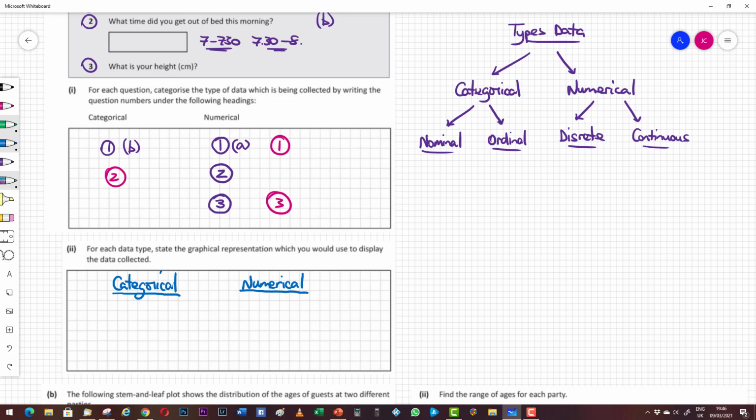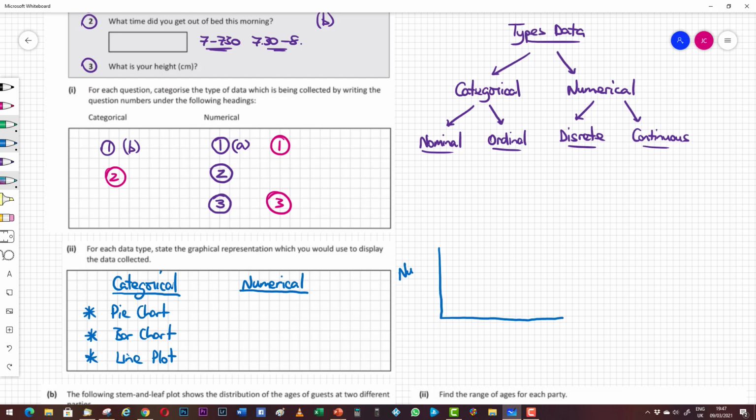Now they only want a graphical representation for each of these types. For categorical, a good way to represent categorical data would be a pie chart, a bar chart, a line graph or a line plot. They're all good ways to represent categorical data. For example, if it was the month we were born, we could have a bar chart where we have our axis like this.